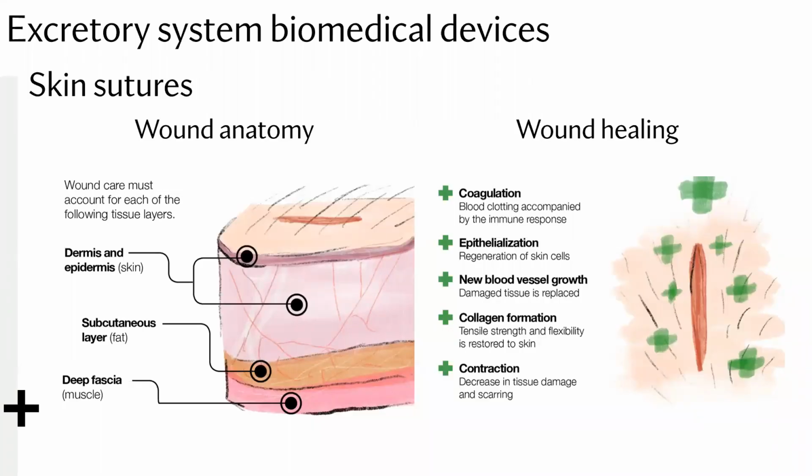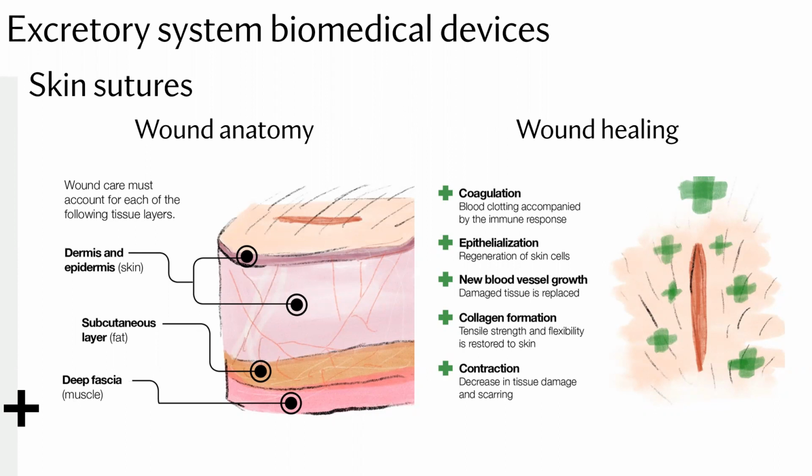So one of the important medical solutions that is going to involve the skin tissue is sutures. And this is a big area in materials science and engineering: designing and optimizing suture materials.